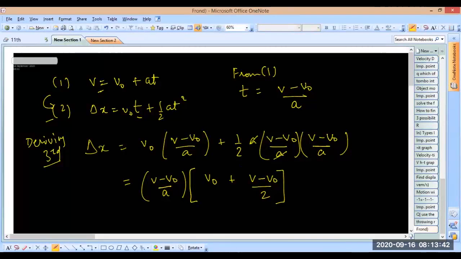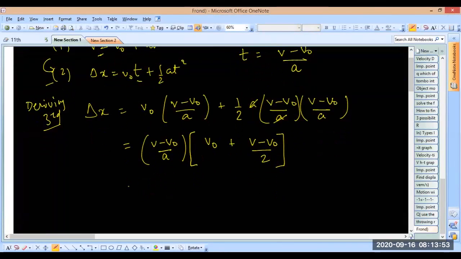We have taken (v minus v0) by a as common, and the remaining is inside the bracket. Now I'm going to take an LCM here, so this will be (2v0 plus v minus v0) by 2.